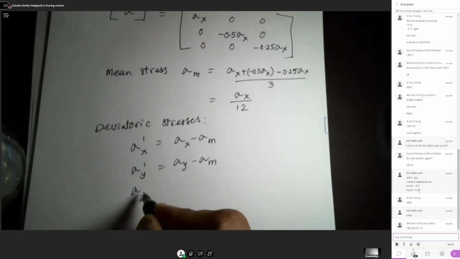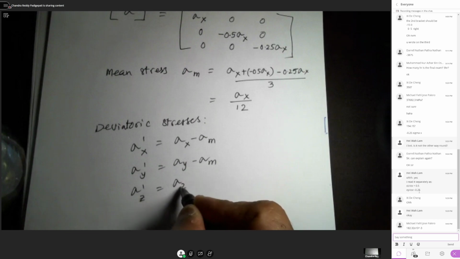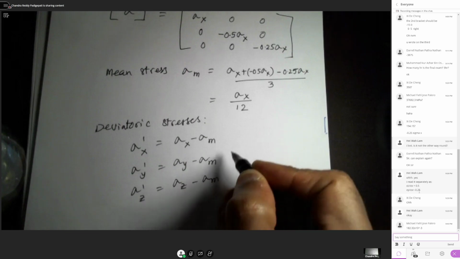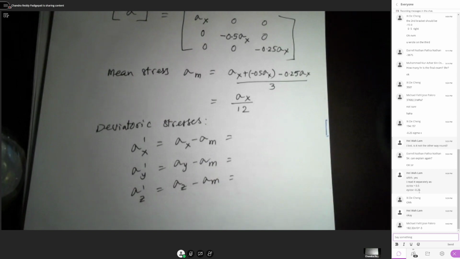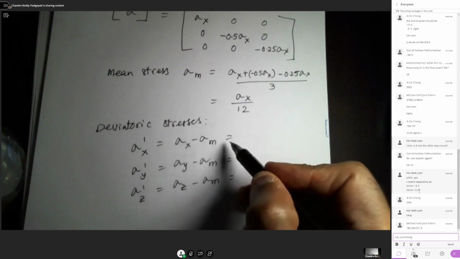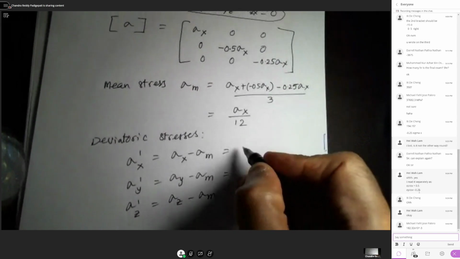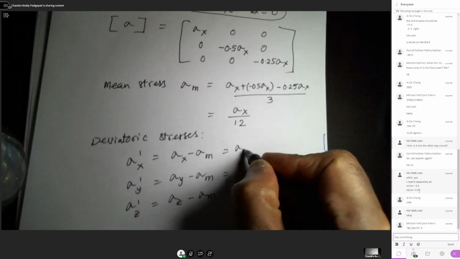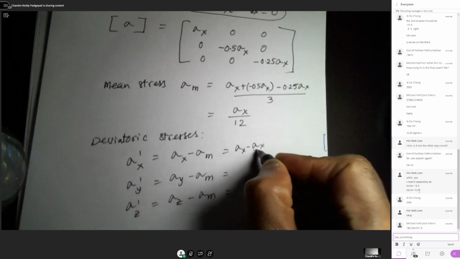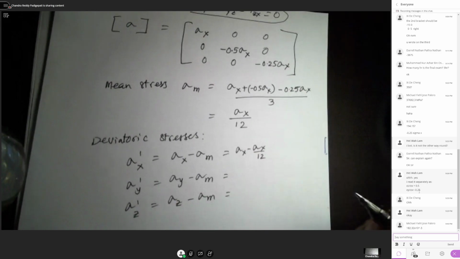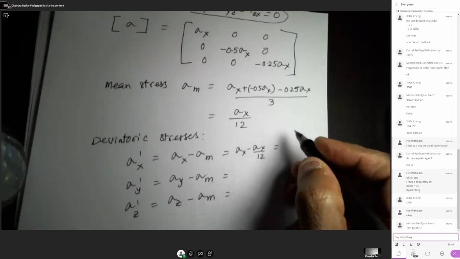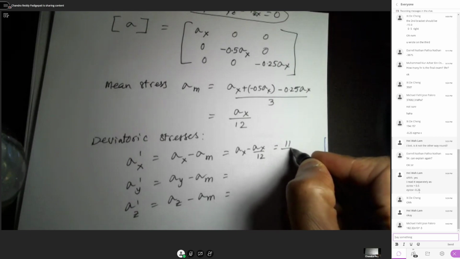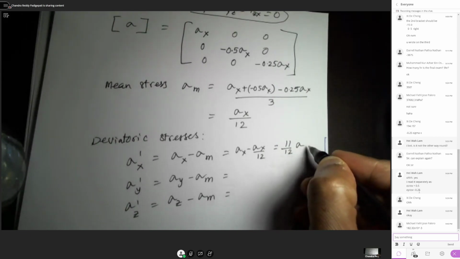Then sigma z dash is sigma z minus sigma m. So sigma x minus sigma m: we can write sigma x minus sigma x over 12, which is 11 over 12 sigma x.